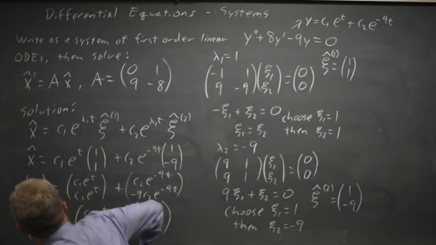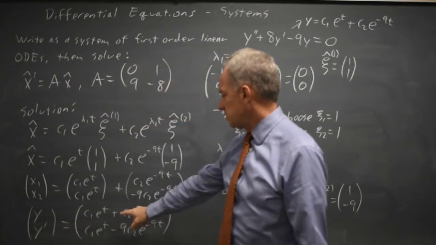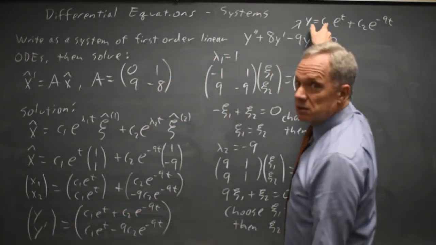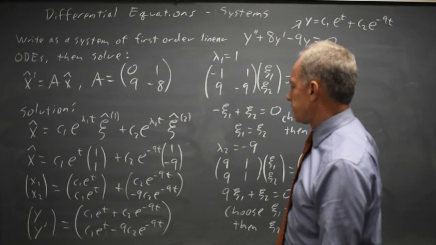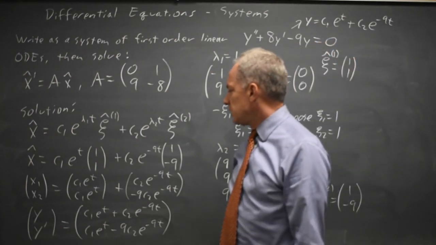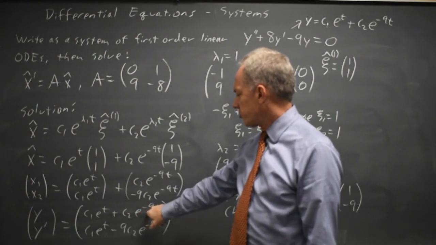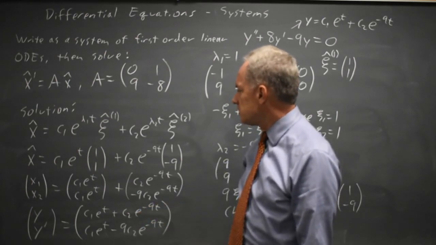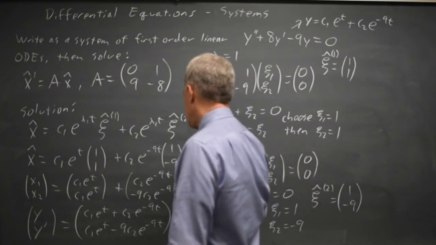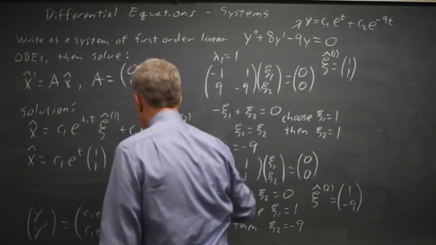And if you look at just the first row of that solution, that is my solution from the characteristic polynomial. In many cases, you're just looking for the x1, and that will be your first row. In other cases, we're interested in this form here.